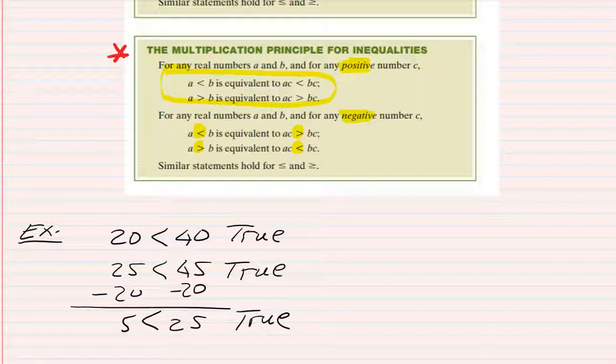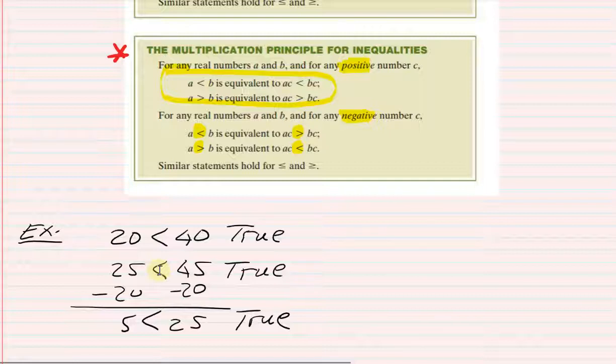Note that in the first step of this example, I added 5 to both sides, so I used the addition property. I added a positive number, and that did not cause the direction of inequality to change.